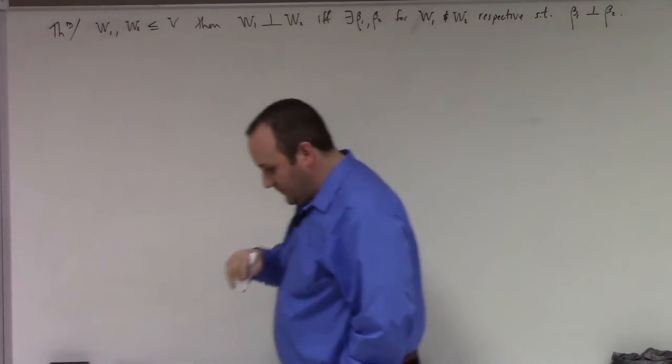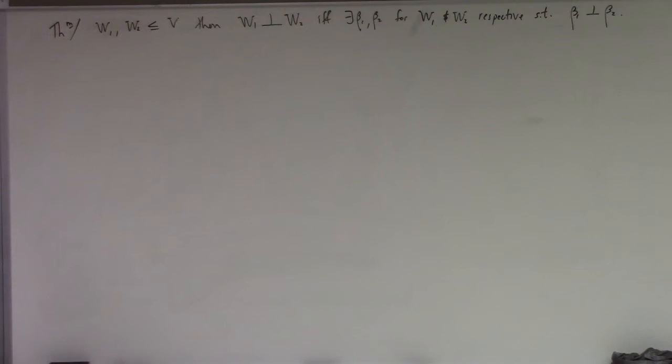So what I'm trying to say is, if you can find a basis for two subspaces such that the bases are orthogonal, it implies that the whole space is orthogonal. So that's a result which is known.